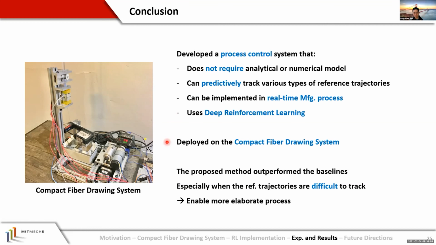Then we implemented it on a compact fiber drawing system. As a result, the proposed method outperformed other baselines, especially when the reference trajectories are difficult to track. And we expect that this will enable more elaborate processes in fiber drawing and also other similar processes.